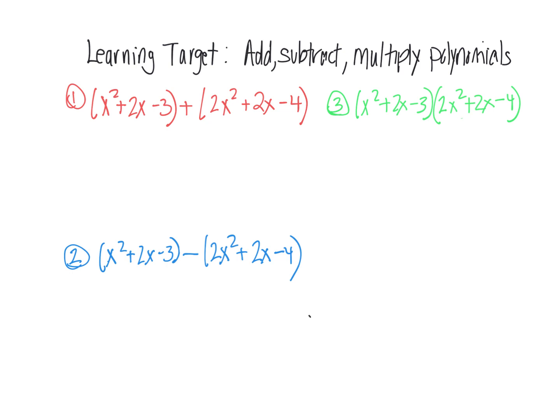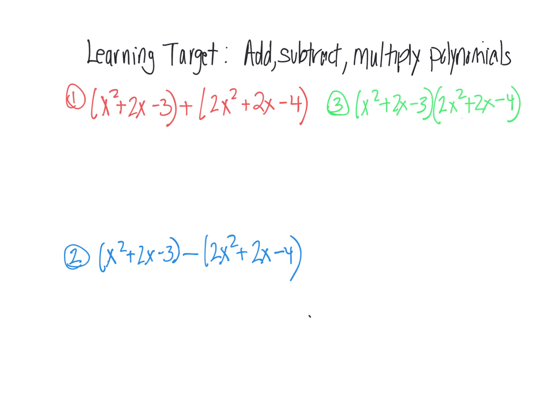So if you look at the three problems that I have here, you might notice that in each one of these, the first polynomial is a quadratic trinomial, x squared plus 2x minus 3. And the second polynomial is a quadratic trinomial, 2x squared plus 2x minus 4.